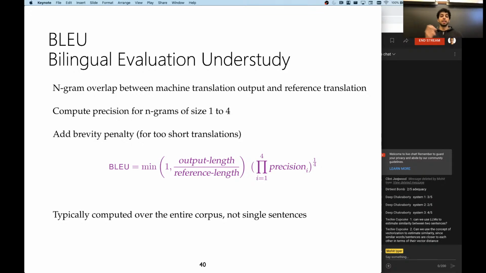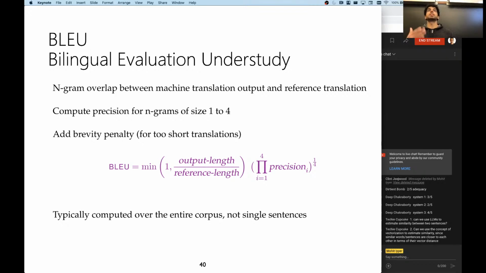And they do it for 1, 2, 3, and 4-word chunks. So you can imagine if you compute precision of 4-word chunks, the order is actually important within each chunk. So you get some local syntactically valid chunks, but you can still have a globally disfluent translation.